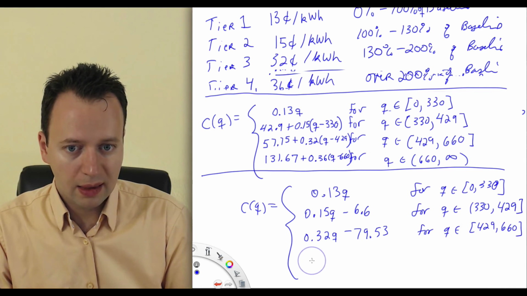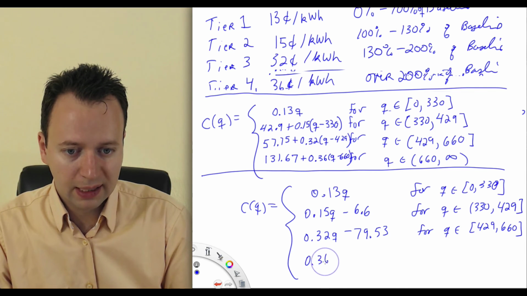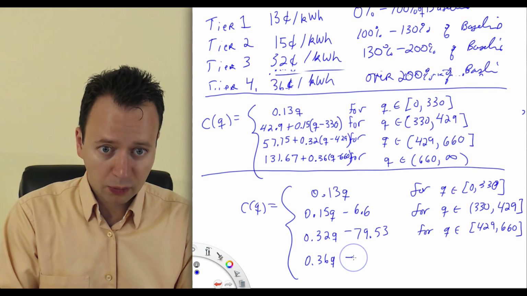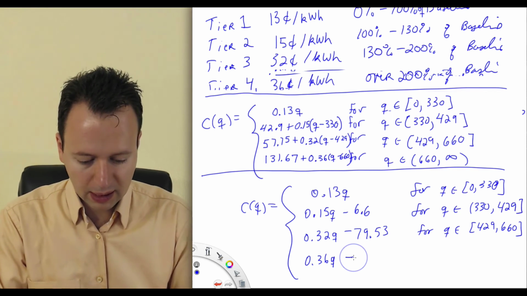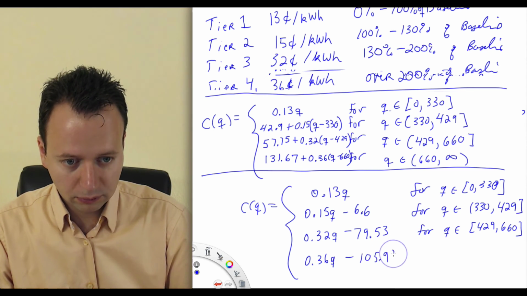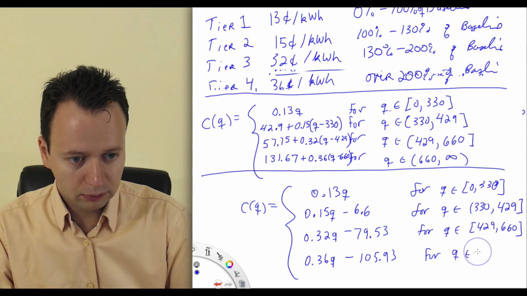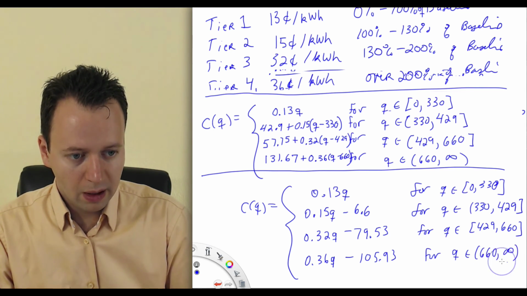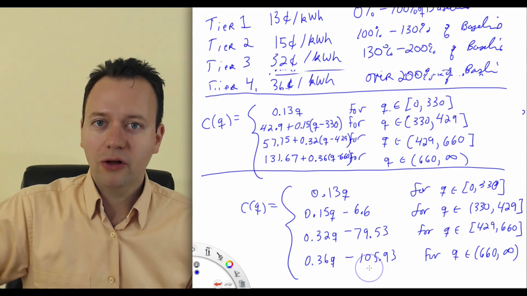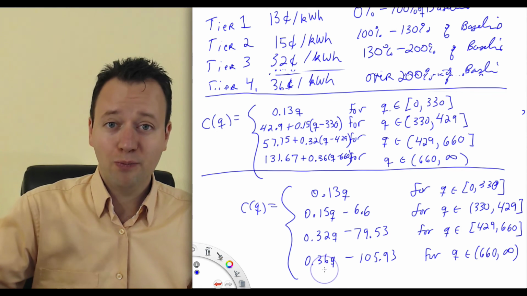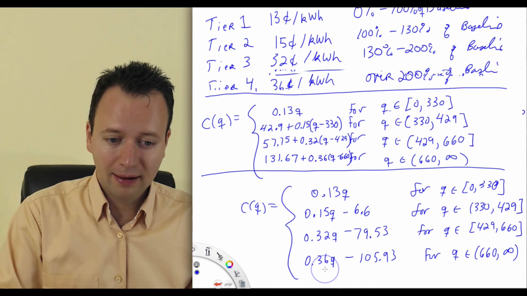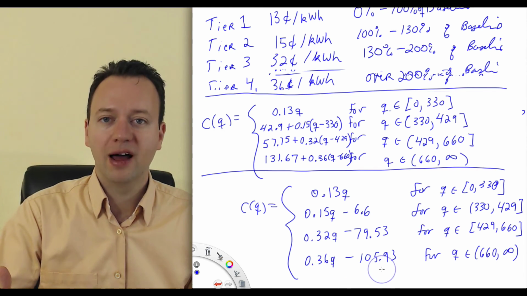Then the fourth formula, 36 cents times Q minus 131.67 minus 0.36 times 660, which is minus $105.93. This is basically how much you would be overcharged if you billed the first 660 kilowatt hours at the 36-cent rate.